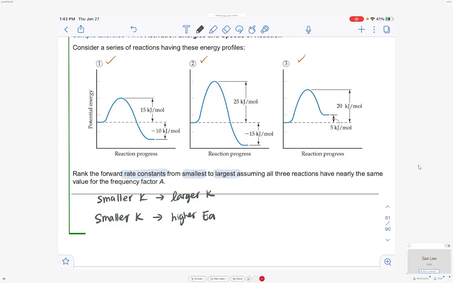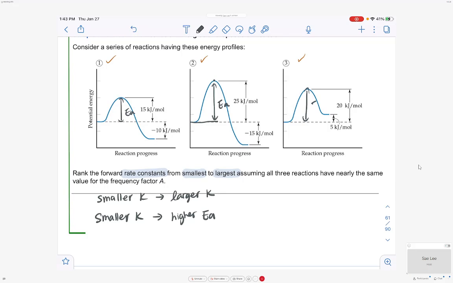The activation energy portion is going to be from the reactant's potential energy to the top of the energy barrier. The final product's energy state is not important in this question.